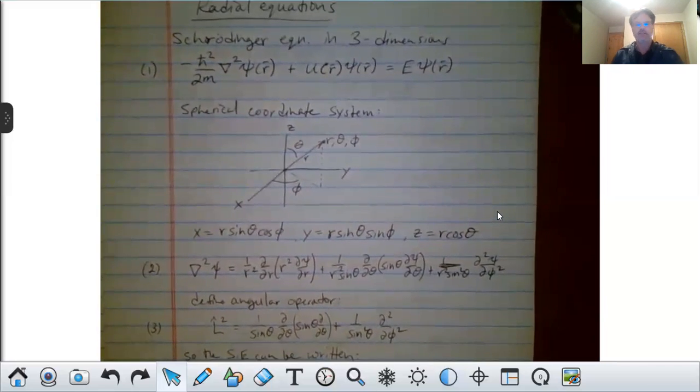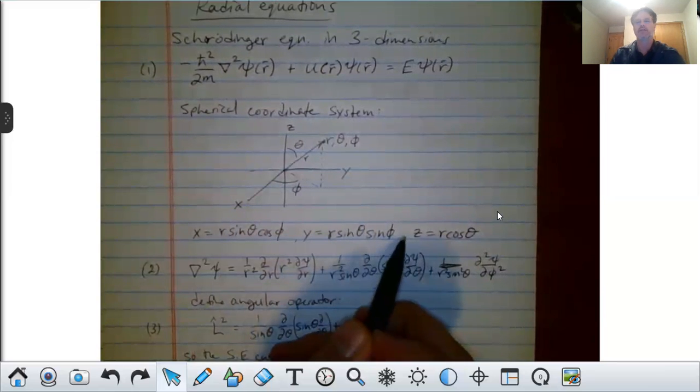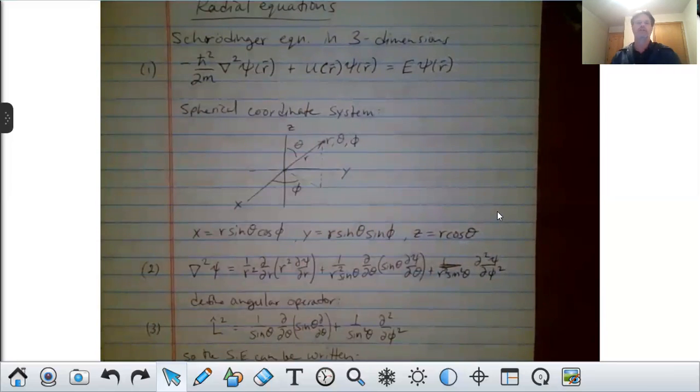Now you can relate these spherical coordinates to x, y, and z, and you can make coordinate transformations. In fact, you can write derivatives, gradients in the x, y, z coordinates, you can write them in spherical. So there's a lot of, I guess you'd say, vector calculus that can be done.